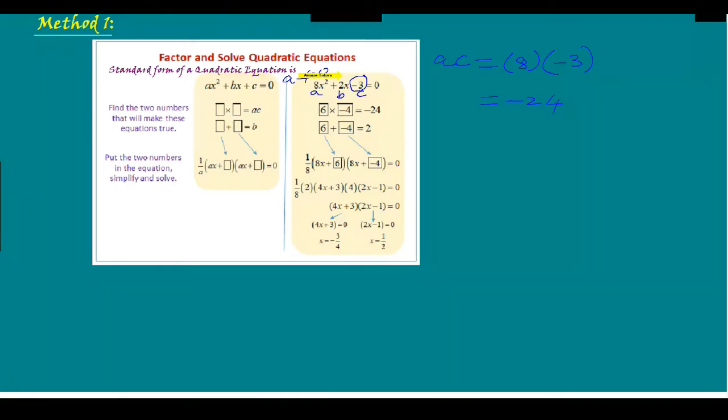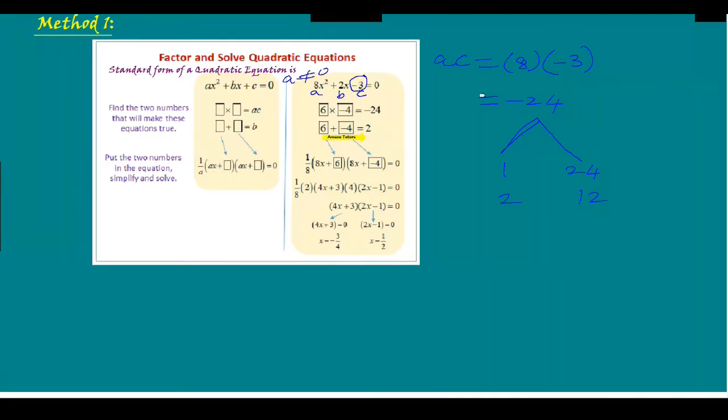Now you can list out the numbers one by one. Here it is already given, but still I'll show you how to figure out those two numbers. Factors of negative 24 whose sum is 2. Let me list the factors of 24. Start from 1 itself. 1 times 24, 2 times 12.